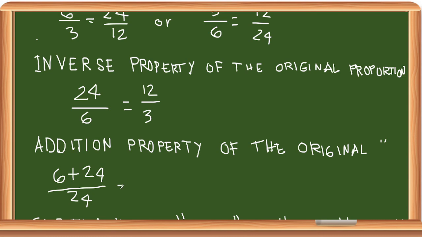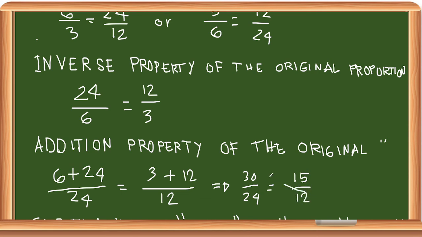It must be equal to, syempre, pag-add mo rin yung dalawa, yung 3 plus 12, and syempre over 12. So, this is equal to 30 over 24. 6 plus 24 is 30 over 24 is equal to 3 plus 12 is 15 over 12.